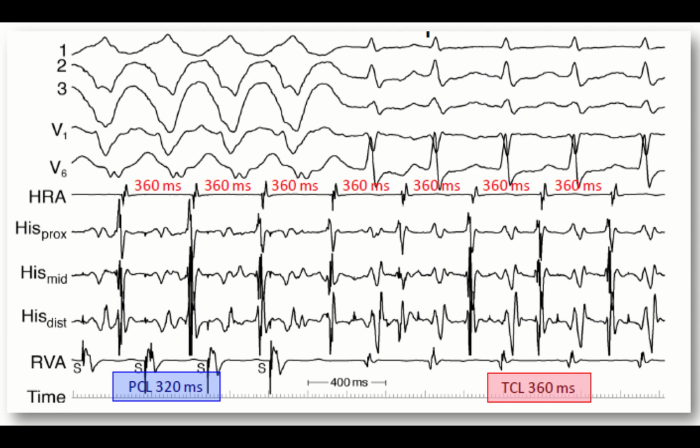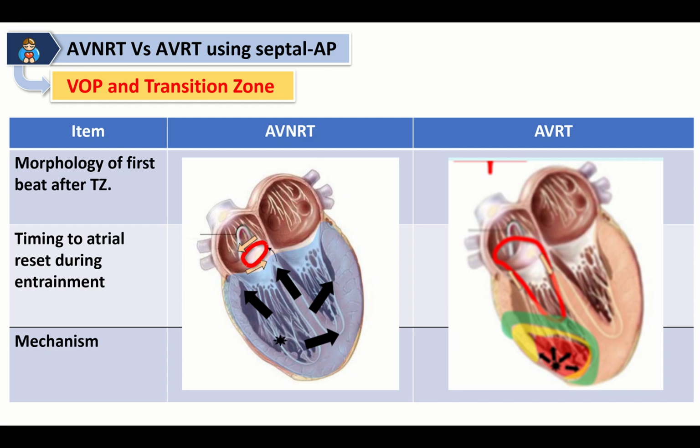Let's go to the next example. We have to assess the transition zone in case of AVRT when you start ventricular overdrive pacing. In case of AVRT, we know very well it is a large re-entry using an accessory pathway, and the AV node involves the ventricle, and we will start pacing from the RV.